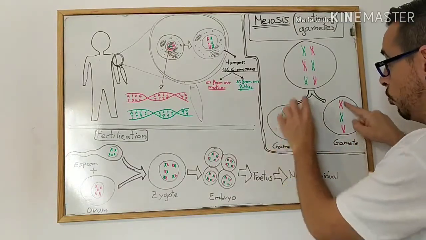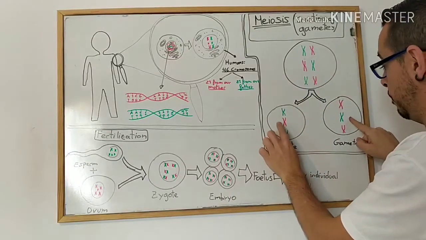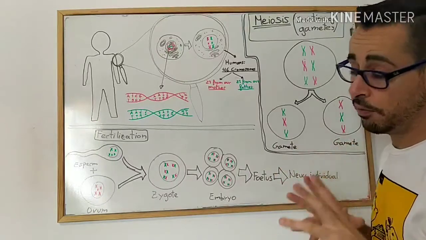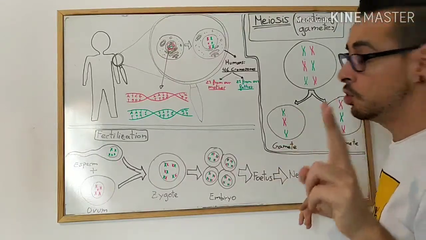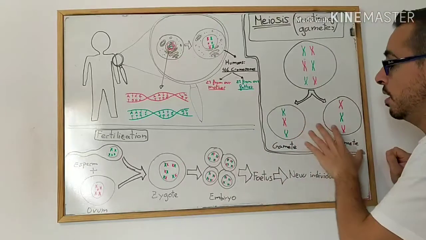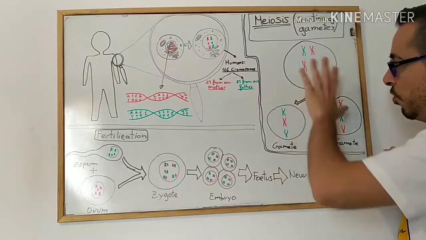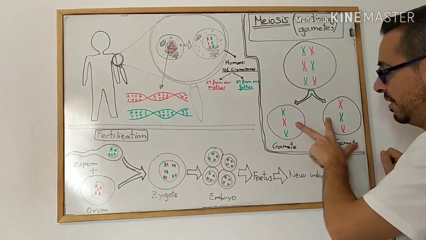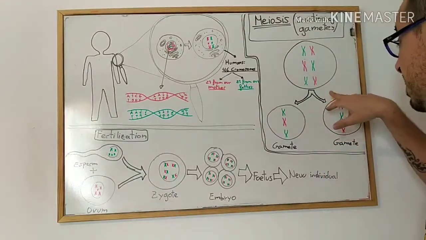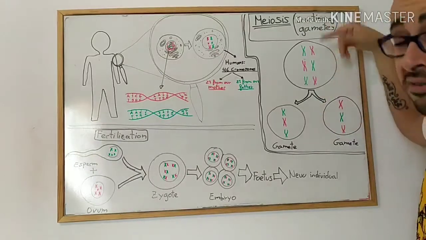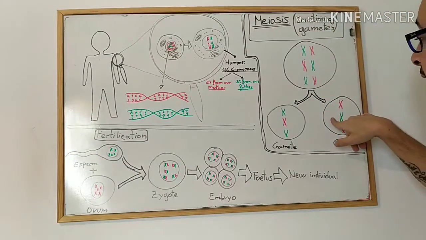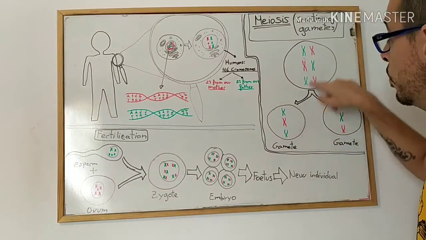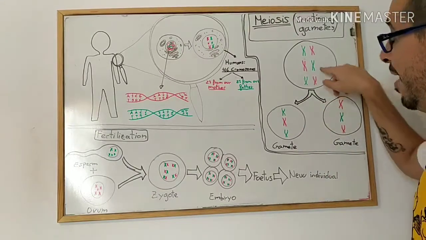And from one cell we are going to get 4 cells, okay, because there are 2 divisions, but forget about that, take this into account. We have this and we are going to get this. Let's imagine that this is the second division. There's a first one, okay? The gametes have half of the chromosomes of the parent cell.